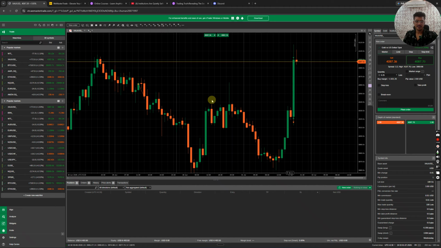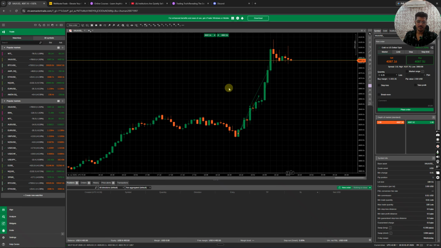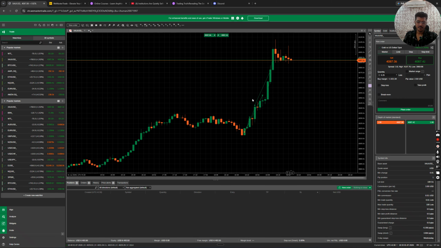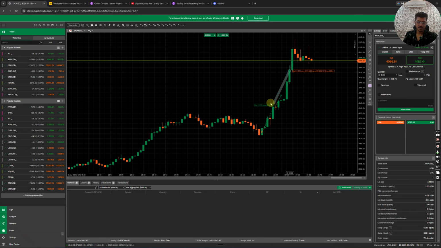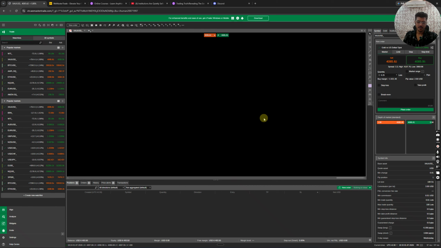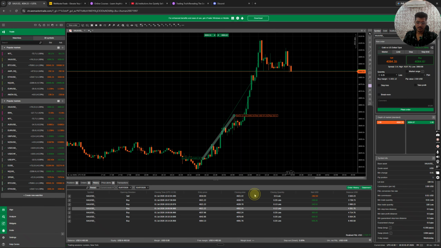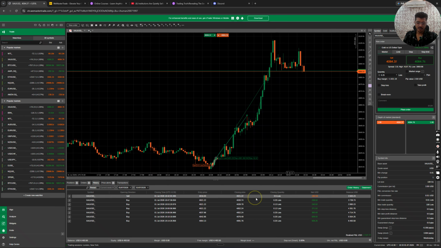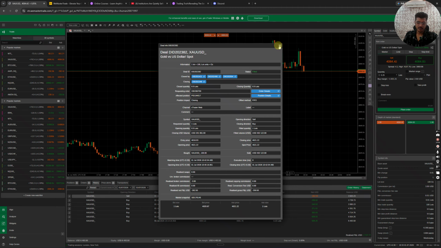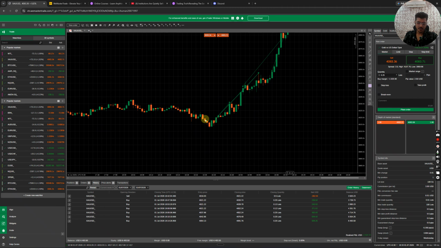Let's actually dissect this trade. I'm going to come to 3 minutes. Okay, these were the trades that I took. Let's go to 1 minute. You can see this was the first trade that I took, on the short side.